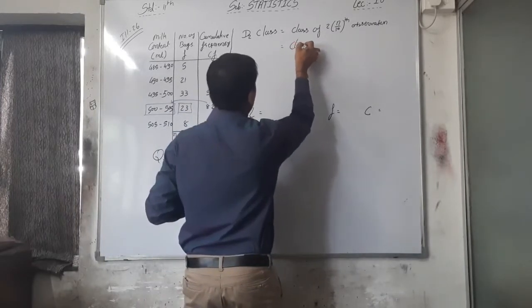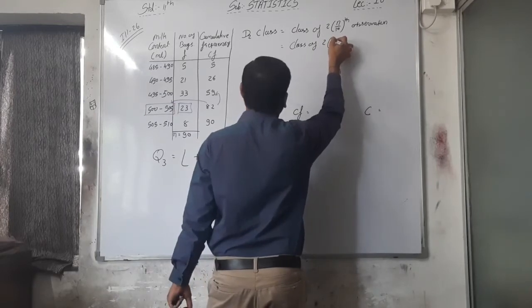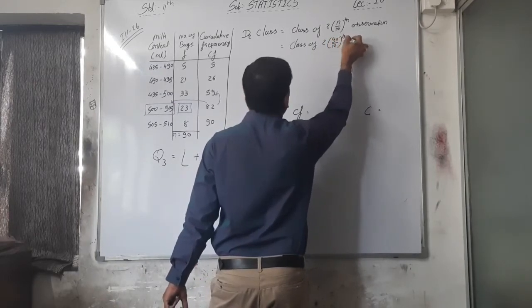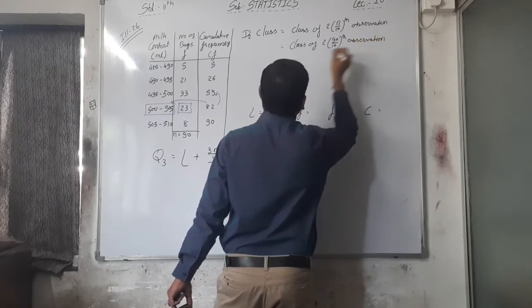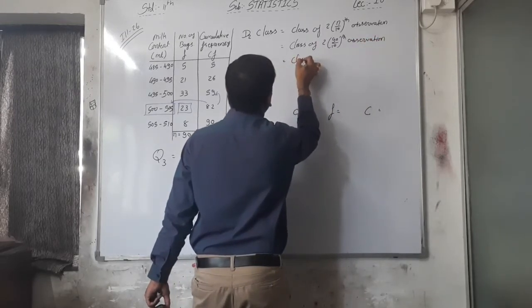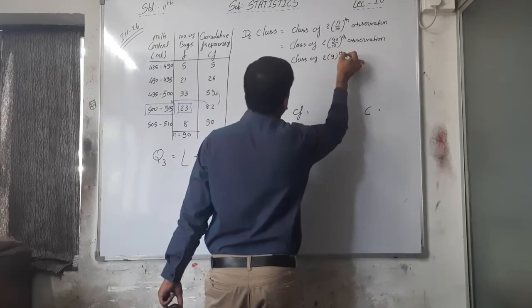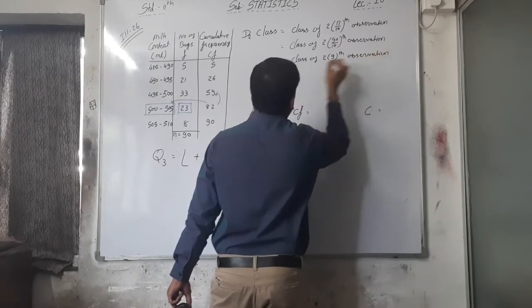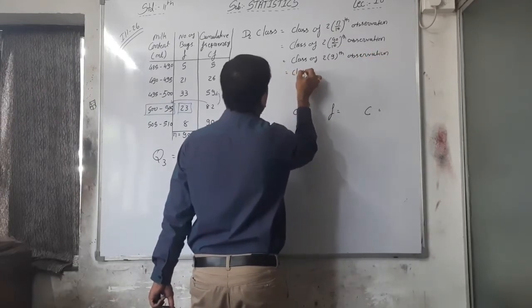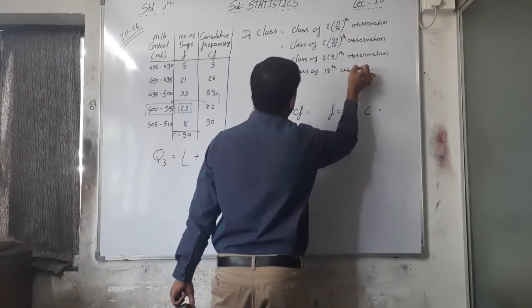That is the class of the 2 into 90 by 10th observation, that is 2 into 9, and that is 18. The class of the 18th observation.